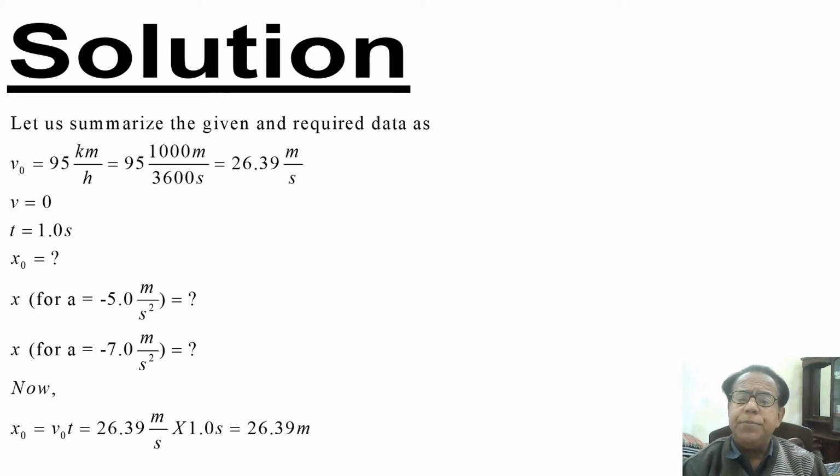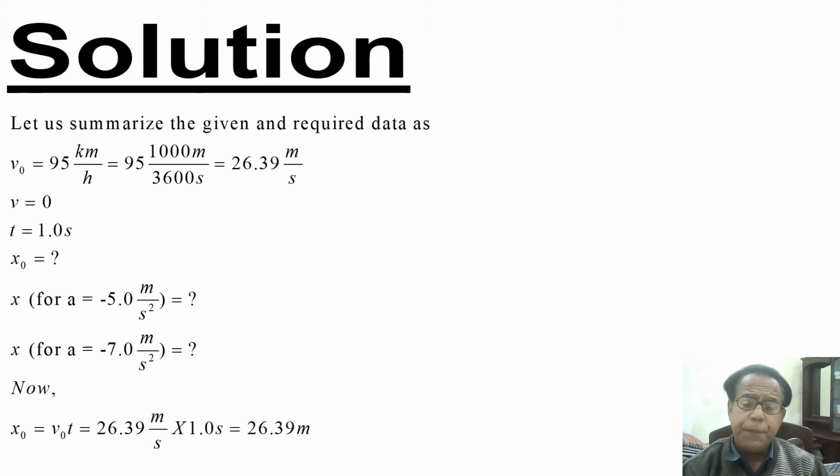Initial velocity v naught equal to 95 km per hour. First we will convert it into meter per second. We replace kilometer by 1000 meter and hour by 3600 seconds.